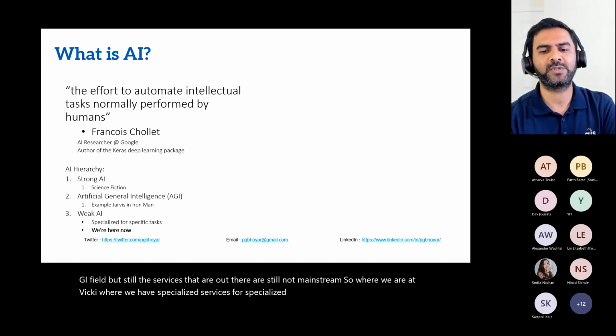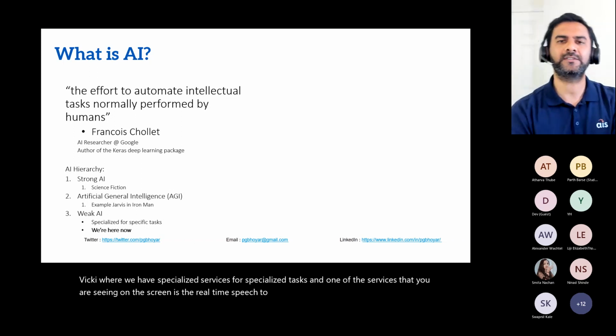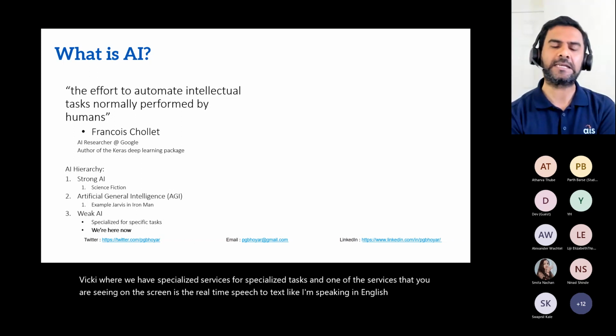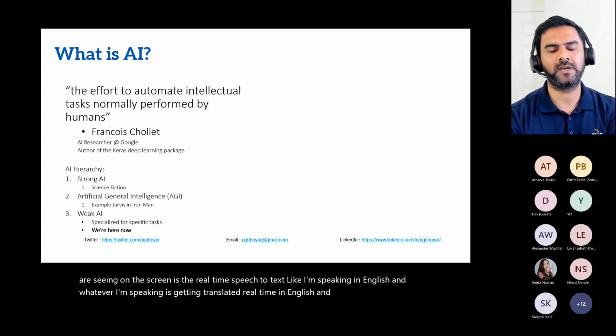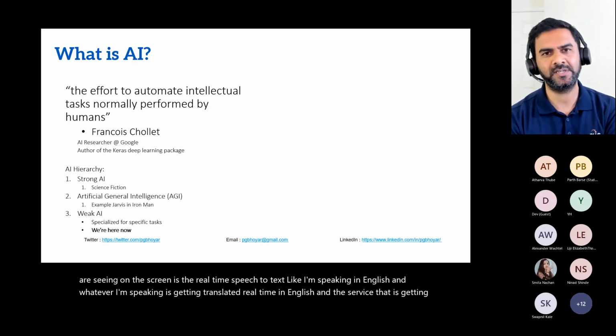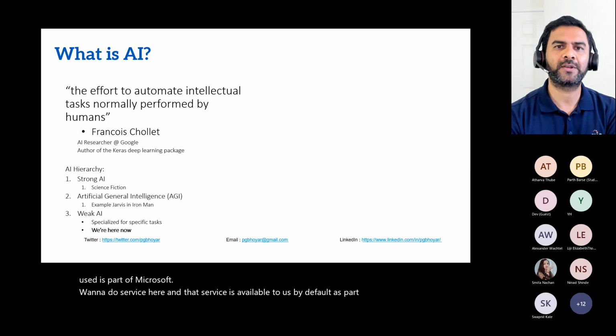One of the services that you are seeing on the screen is real-time speech to text. Like I'm speaking in English, and whatever I'm speaking is getting transcribed in real time in English. The service that is getting used is part of Microsoft Cognitive Services, and that service is available to us by default as part of the latest version of Microsoft PowerPoint.